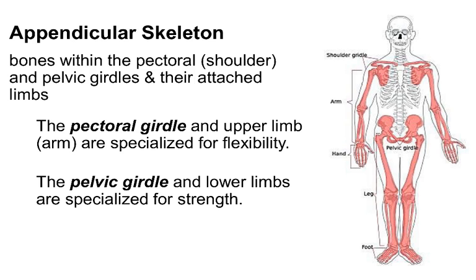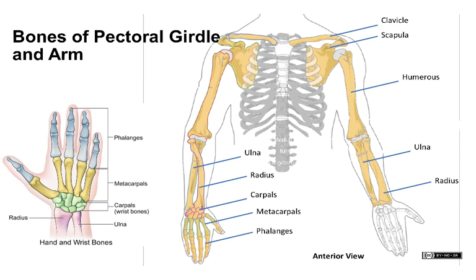The pectoral girdle organization is specialized for flexibility, while the pelvic girdle, as well as the lower limbs, are specialized for strength and weight bearing. Right, so you will eventually know all of these bones because we'll be talking about it in lab.